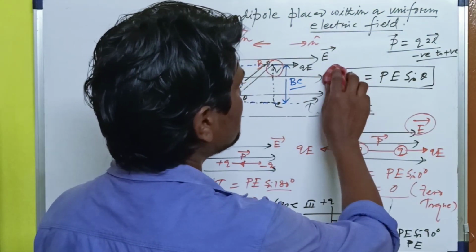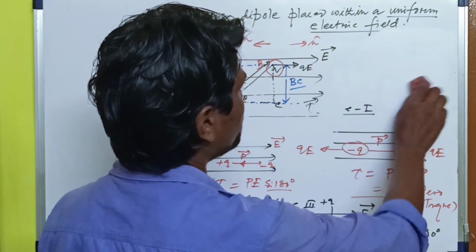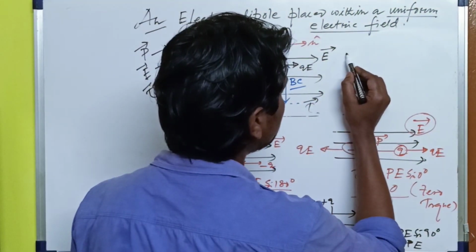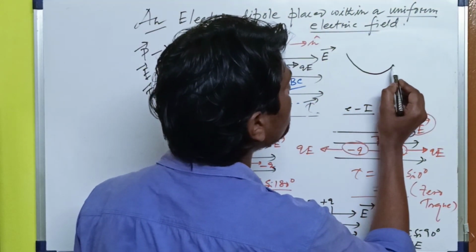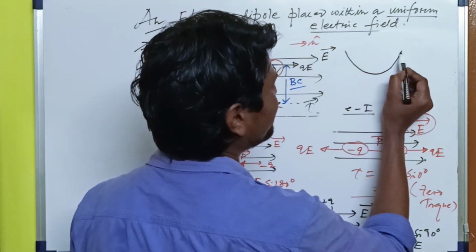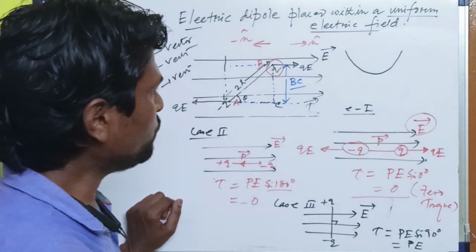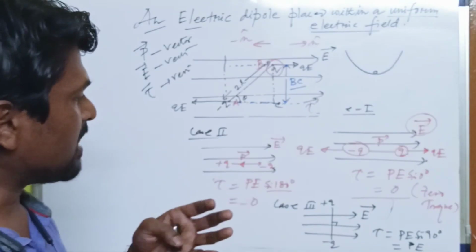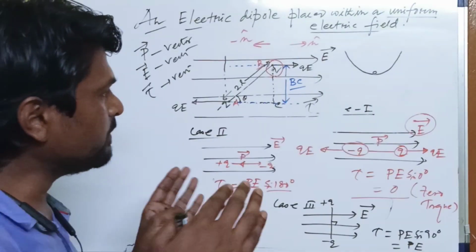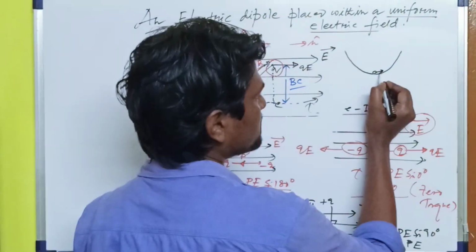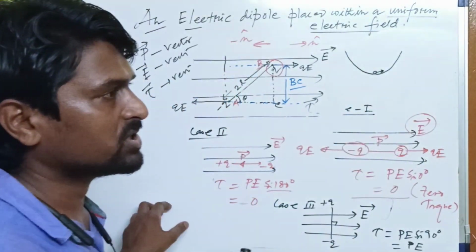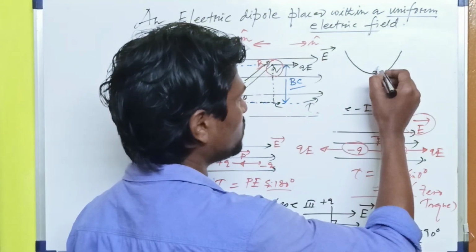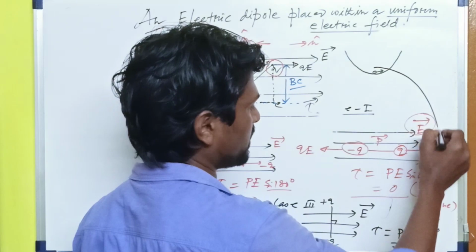Suppose there is a cauldron, or anything with a curved surface, and if we place a marble here and displace it, then it attains the equilibrium position immediately. So we can say that this is a stable equilibrium.